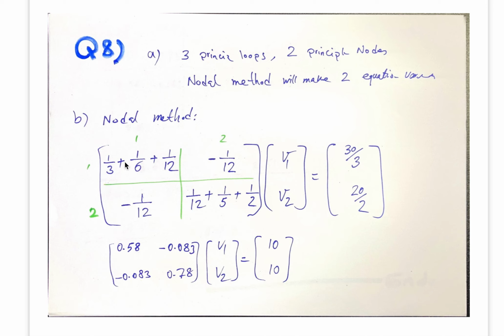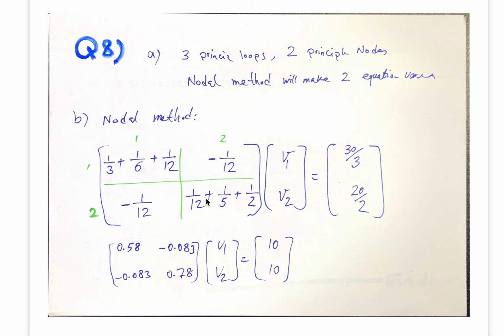You need to look at node 1 in the circuit and use all the resistances connected to that node. There are 3 resistances. One is 3 ohm, the other one is 6 ohm, and the other one is 12 ohm. You need to take the inverse of them and add them, because here you need to put conductances.